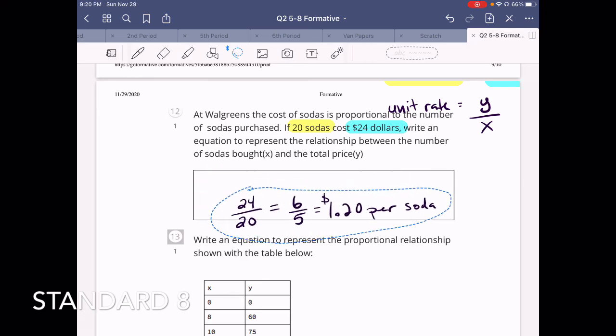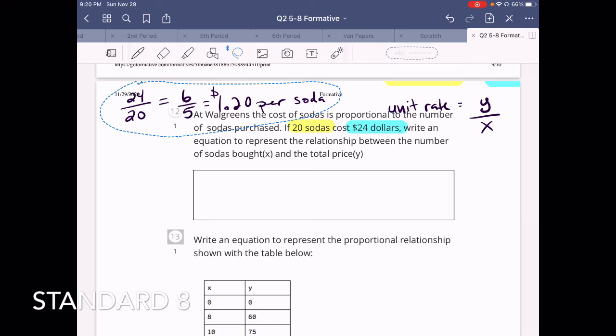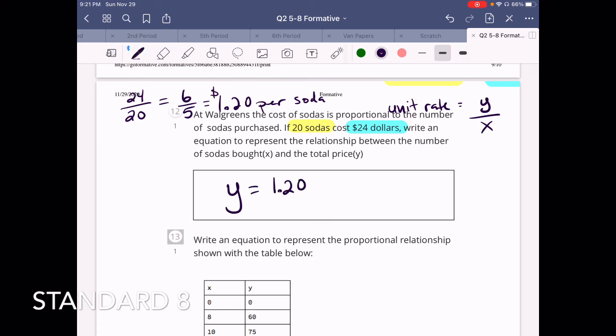But now I need to write an equation. Remember, the equation is always of the form y equals unit rate times x. So my equation is going to be y equals 1.20x, or y equals 6/5 x.